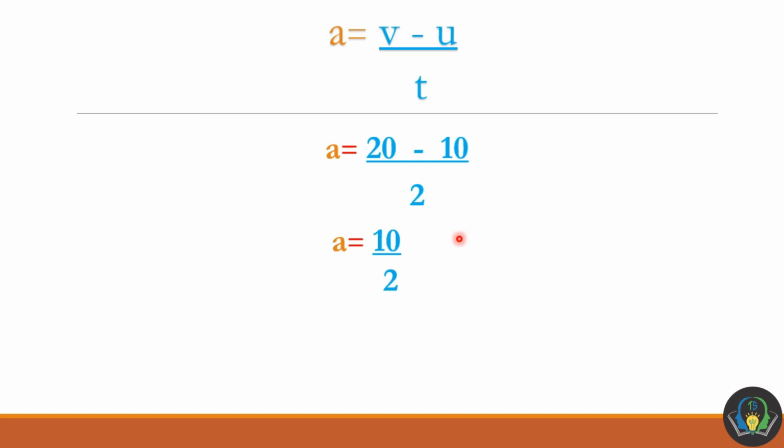Simple calculation: 10 divided by 2, and you'll get the answer as 5 meter per second square. The unit is very, very important in every single numerical of physics. So remember to put the relevant unit at the end of each answer, each calculation that you perform. I hope this is clear.